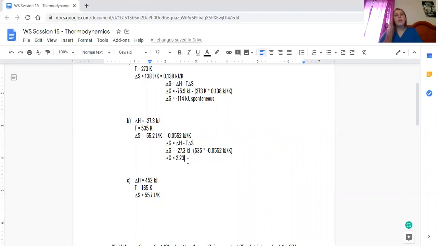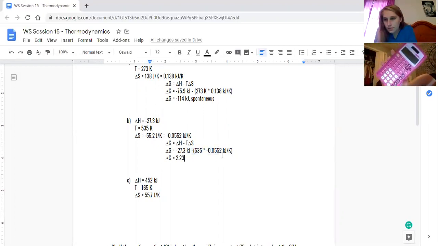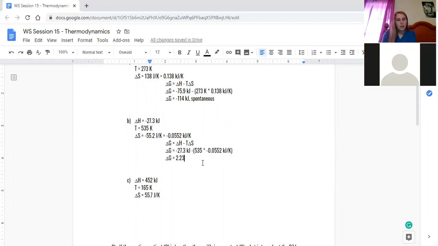You said you're having errors with your calculator. Do you have one of the calculators where you type it exactly like you see it? Okay, yeah, I think so. Maybe try putting a parentheses around that and make sure if it has a difference between a negative and a minus sign, because a lot of them do.